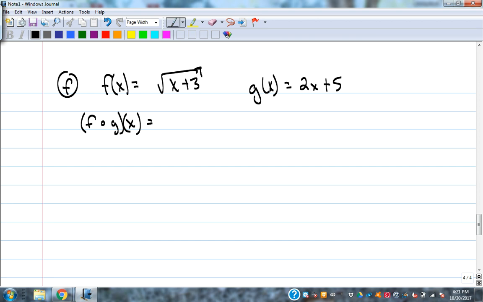So let's find our composition first. What are we plugging in where? All right, so 2x plus 5 and then plus 3. Simplify if possible. We got a couple of like terms there, so 2x plus 8.